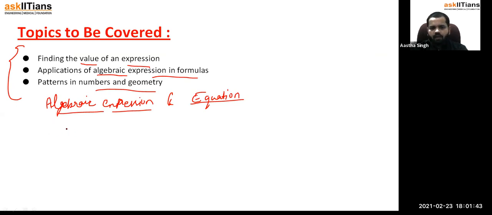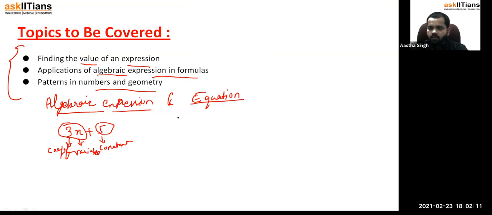For example, 3x plus 5 is an algebraic expression where 3 is the coefficient of the variable x and 5 is the constant. There are two terms in this, so it is a binomial.